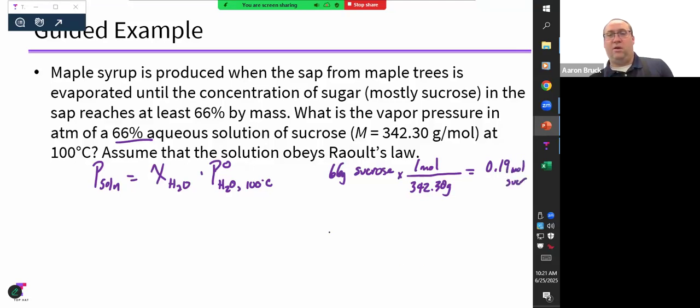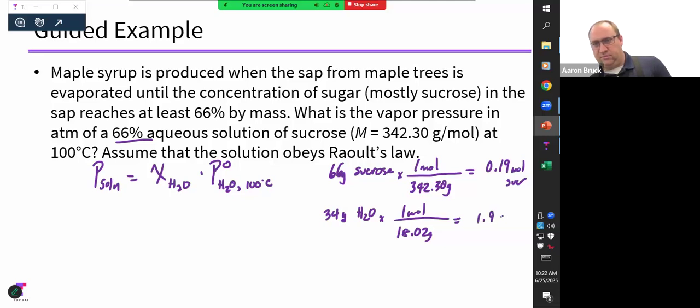And 34 grams of water would be the result, what's left over. 18.02 grams of water in 1 mole. 34 divided by 18.02 is 1.9. I add those together, I would have 2.1 moles of solution.